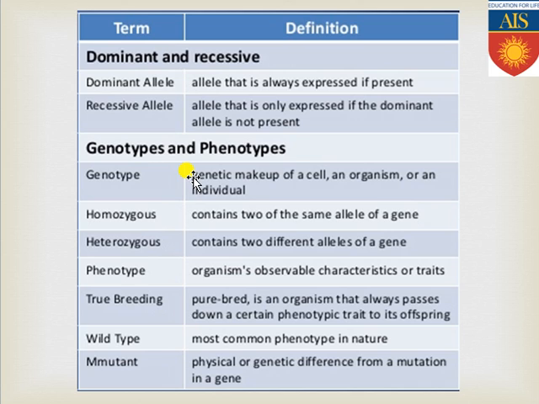If both alleles are dominant, we call this homozygous dominant condition. And if both allelic forms are recessive, it is homozygous recessive condition. In case of heterozygous, one chromosome will have a dominant allelic form and the other chromosome will contain the other allelic form. So this is overall the homozygous and heterozygous concept.